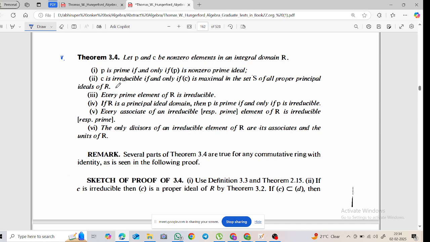C is irreducible if and only if this ideal of C is maximal in the set S of all proper principal ideals in R. This is a very important result.